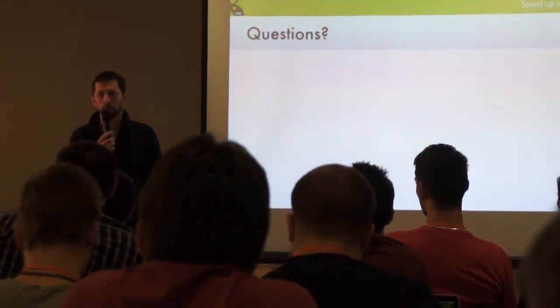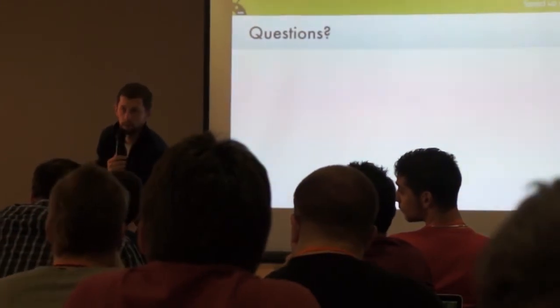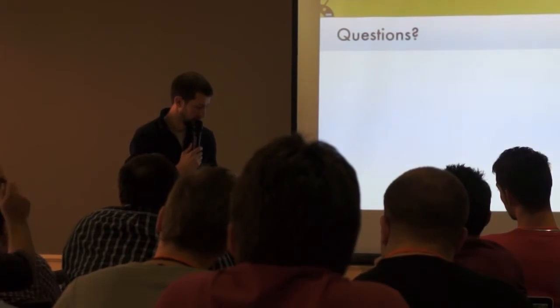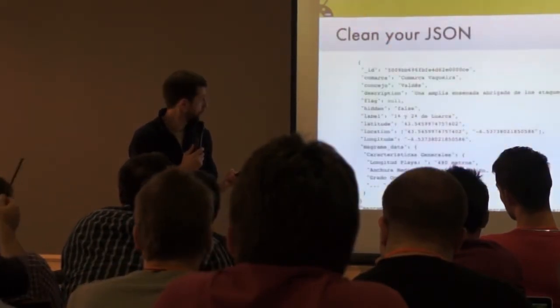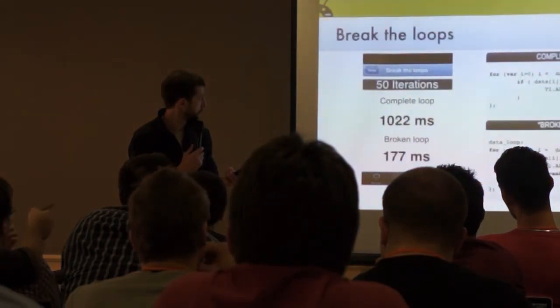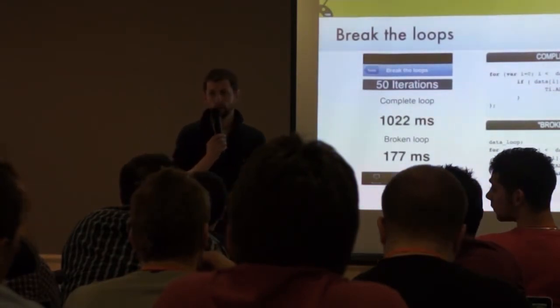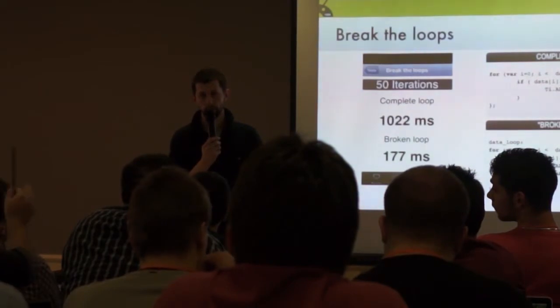Okay. In one of your examples, you use a plain JavaScript for loop. How does it compare with forEach? If you have a browser that supports native forEach, the loop is highly optimized.